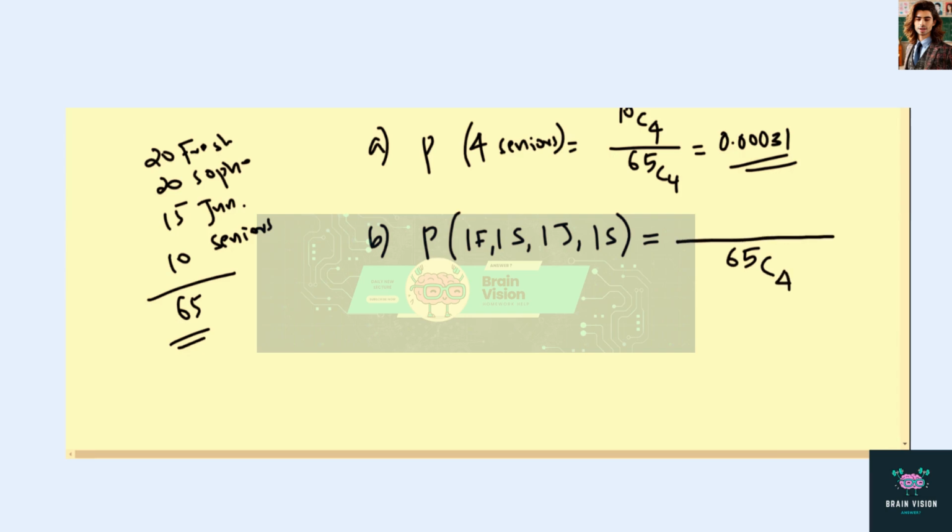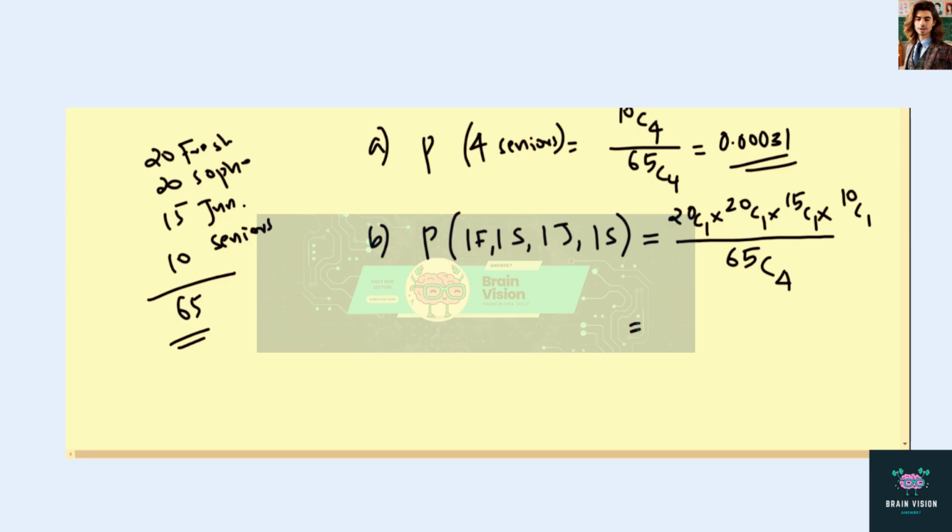Our selection is 1 freshman out of 20, so 20C1, times 1 sophomore out of 20, that is also 20C1, times 1 junior out of 15, and 1 senior out of 10.